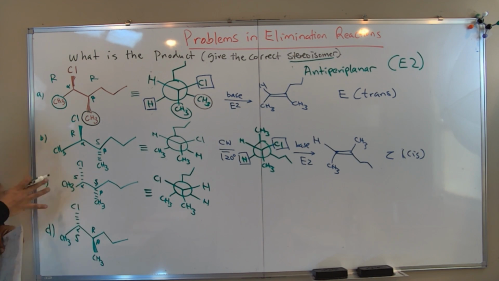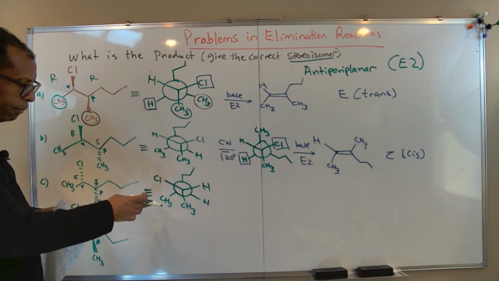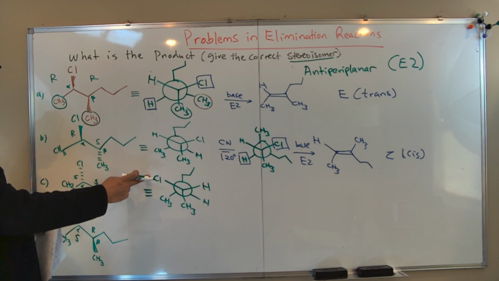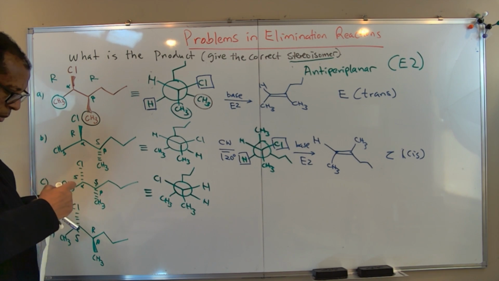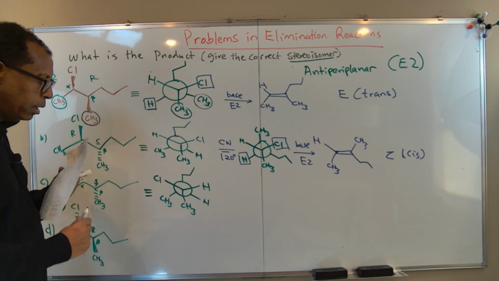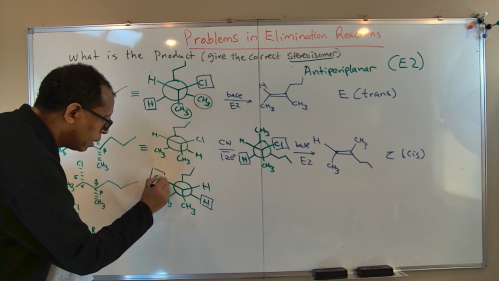This is how the Newman projection looks by looking from this side. Now if you look at this hydrogen and that chlorine, they are at 180 degrees. There is no need to rotate this. So they are lined up at 180 degrees, this and that.